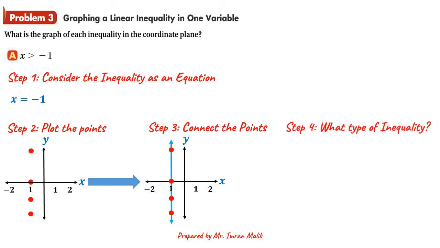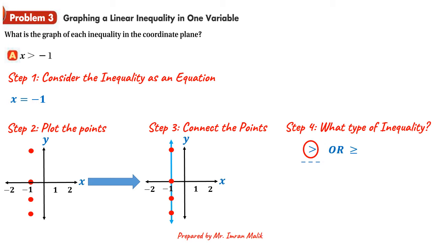Step number 4. In this step, we need to ask ourselves, is the inequality more than or equal to? As we can see from the question, the inequality is more than only, therefore our line would be a dotted line.